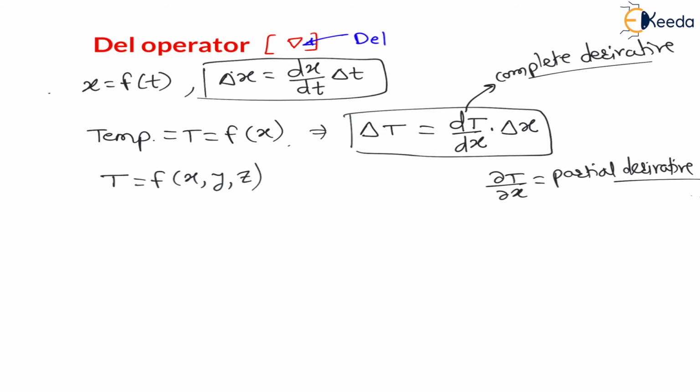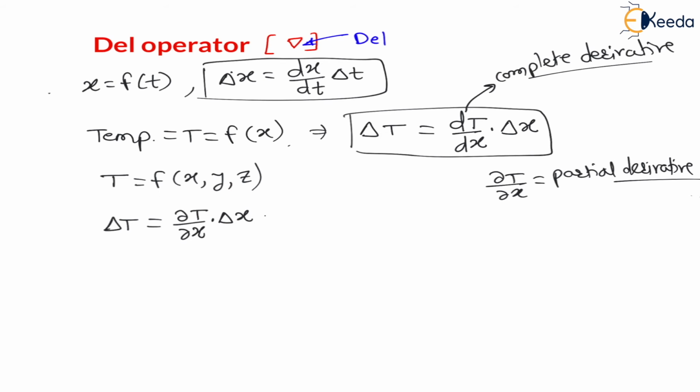Similarly we can write for y, similarly for z also, but actually in reality temperature is changing with x, y, z, with all. Therefore, this total change in temperature can be written as the partial change of temperature with respect to x into del x, right? Similarly, temperature is also changing with respect to y.